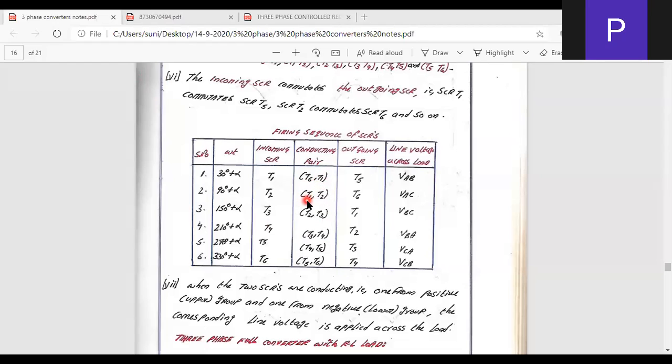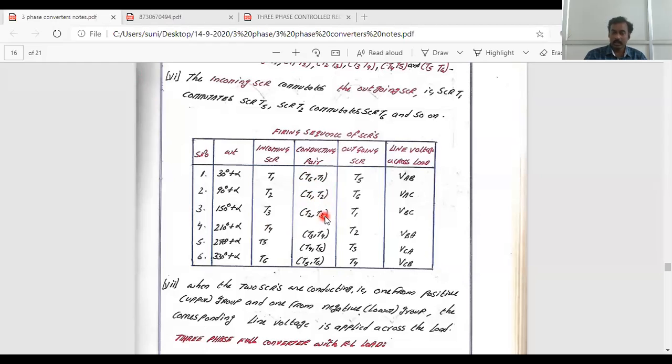For T1, you can observe the conducting pair. If T1 is in the conducting pair, then T1 has its 120 degrees shared by T6 and T2. If you consider the conduction instant of T2, that is shared by T1 and T3.